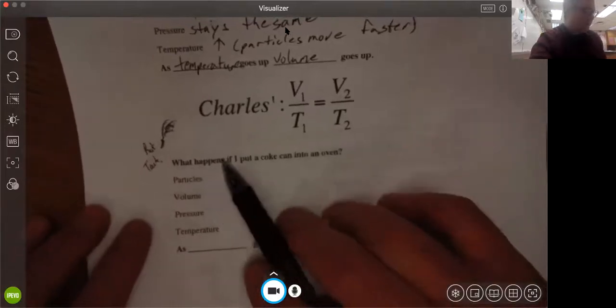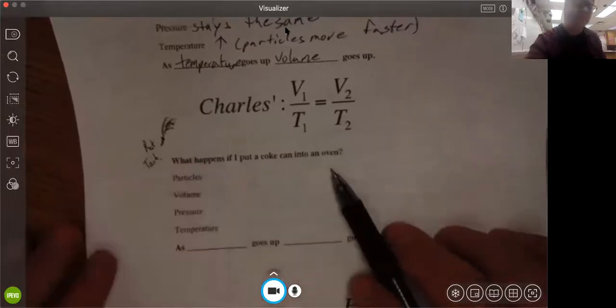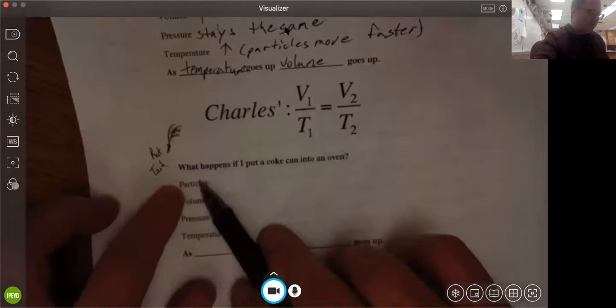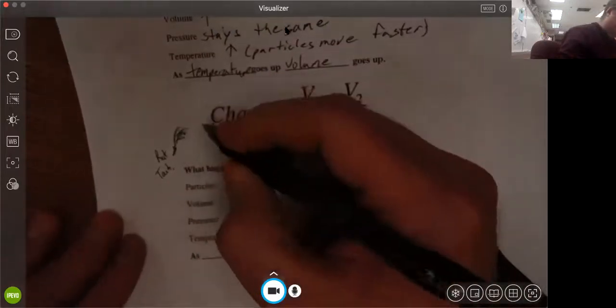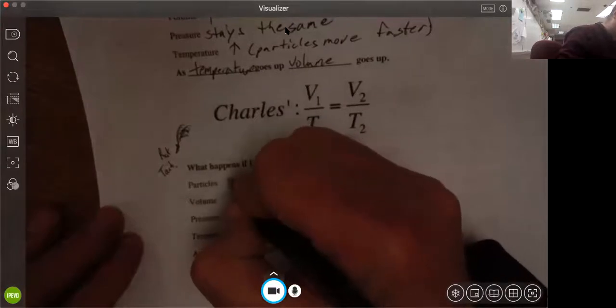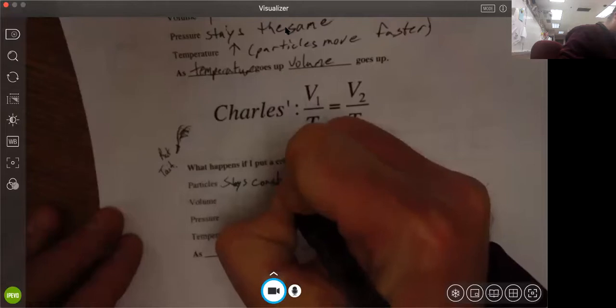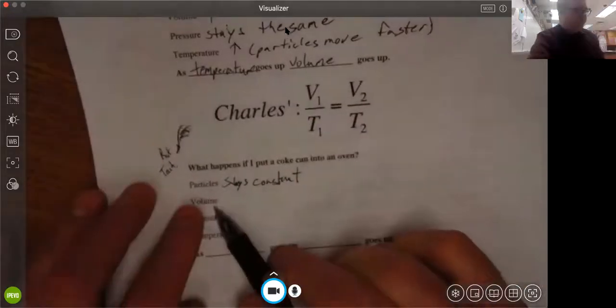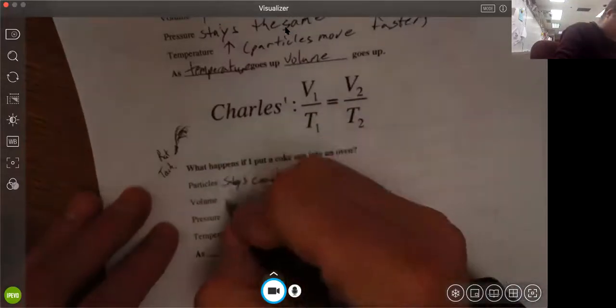But yeah. So what happens if I put a Coke into something hot? Well, the number of particles, again, does not change because that can has a set number of particles. The volume, well, the can itself is very rigid.